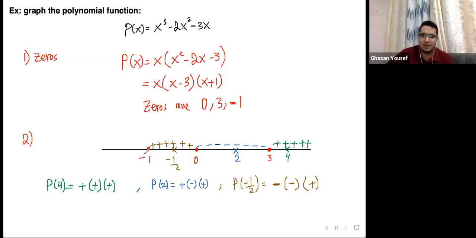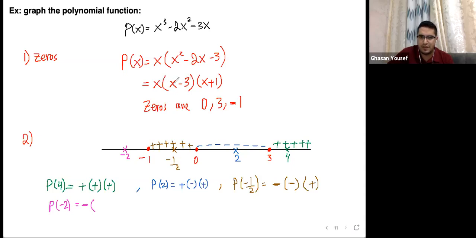Now pick any number less than minus 1. Minus 2, correct. Plug the minus 2 inside the polynomial. B of minus 2. Minus 2 here is minus. Minus 2 times minus 5; this is minus 5 because minus 2 minus 3 is minus 5.